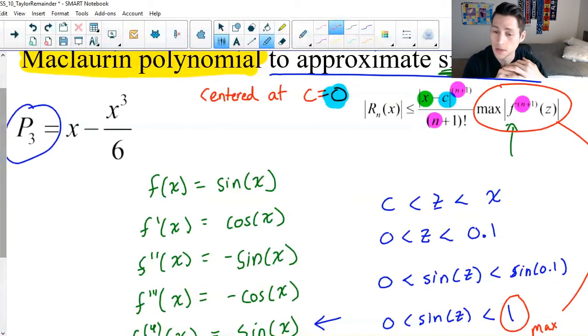So that would mean it's between 0 and 0.1. If I think of what's happening at sine of those values, sine of 0 is 0. Okay, great. Sine of z less than sine of 0.1. And the maximum value that sine can be is 1. Okay.